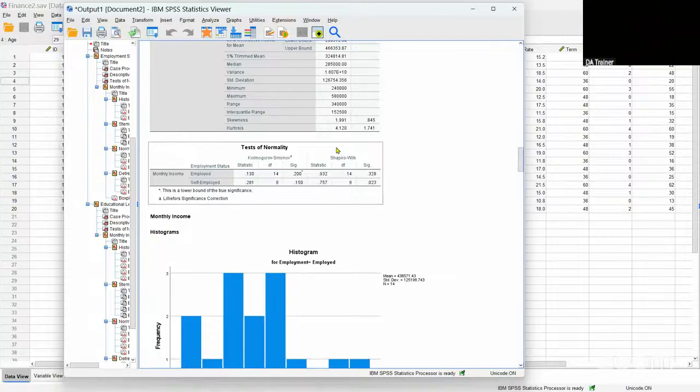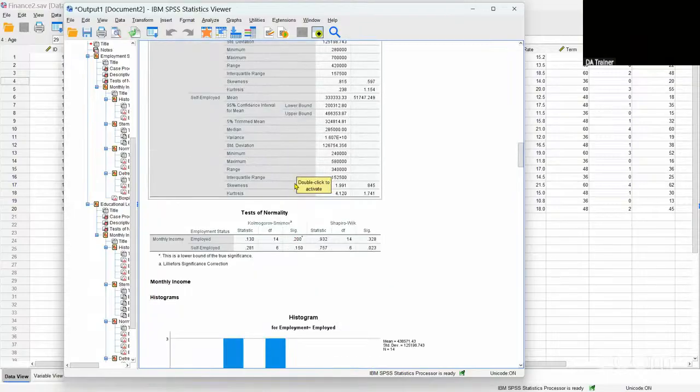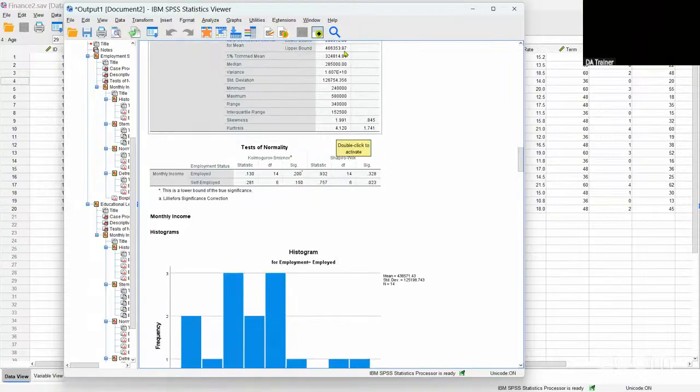Now, if you look at the significance figure here under employed, we have this point. There's a 0 there. There's a point there. I don't know if you can zoom this. I can't.